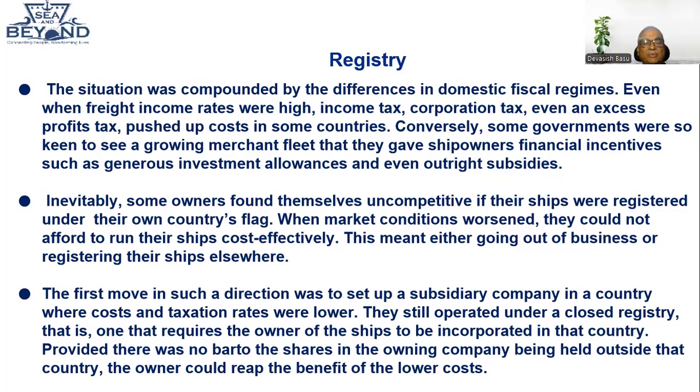And countries have other rules, where the government would take extra money from you for doing shipping business. So in this case, owners found that they were not competitive when competing in the international market. And naturally, a lot of them were losing money. Some of them said, I cannot do the business anymore.